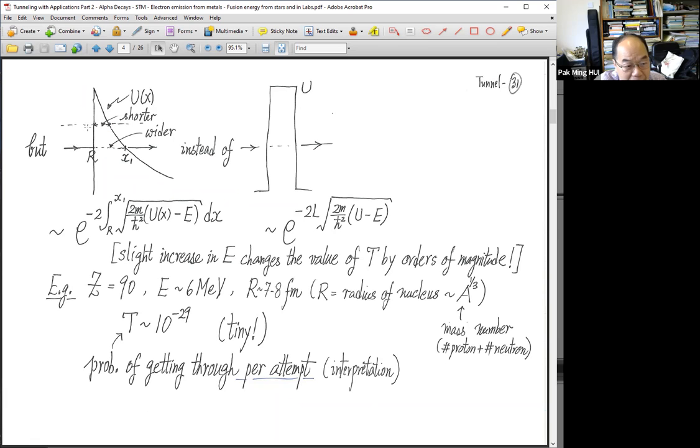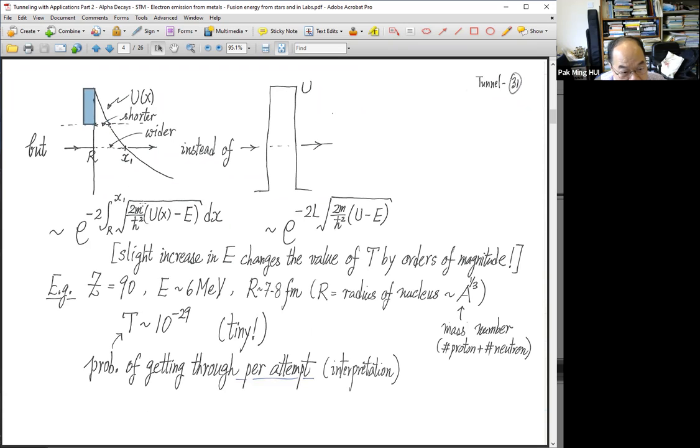Therefore, you would expect if the energy increased from here to there, both factors in the formula will help the transmission coefficient to be increased by many, many factors, okay? 100 times, 1,000 times, 10,000 times, for the reason of shorter barrier width and smaller energy deficiency.